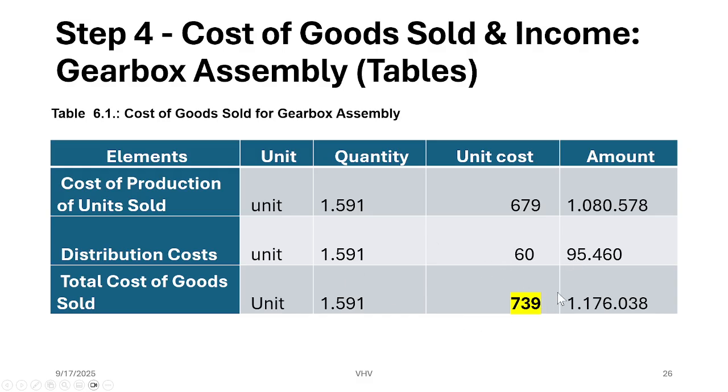This gives us a total cost of goods sold of 1,176,038 euro. We calculate the unit cost, which should be equal to the amount divided by the quantity sold. It means that the total cost of goods sold in our case is 760 euro per unit.